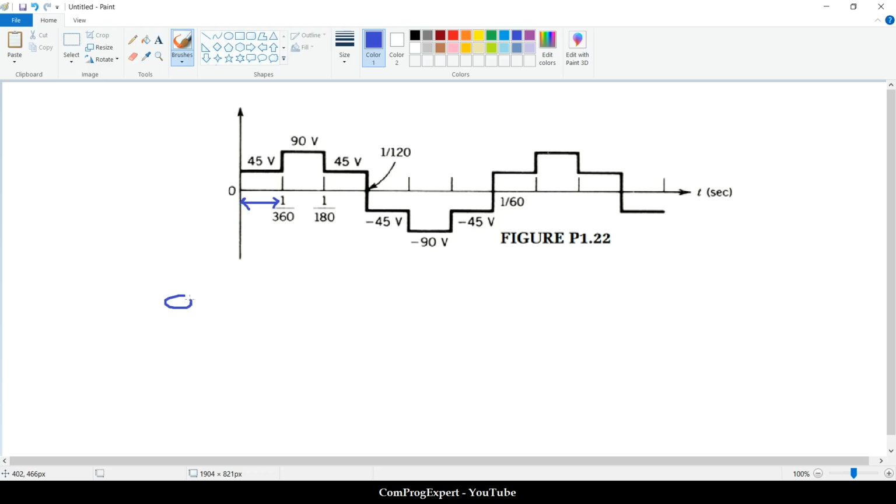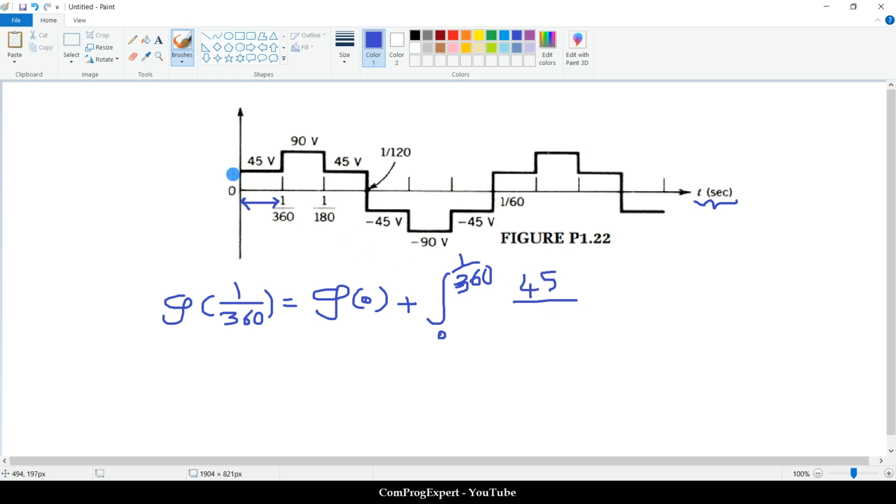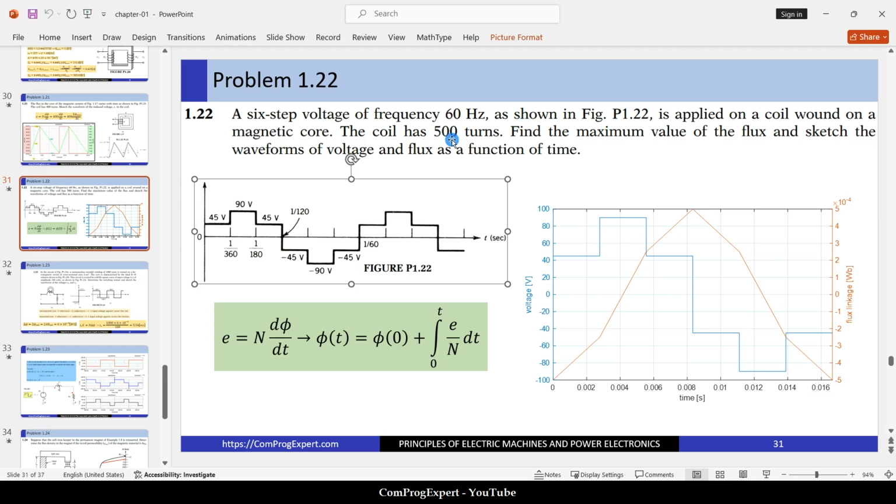So phi at time 1 divided by 360 is equal to phi 0 plus the integral from 0 to 1 divided by 360 of E, which is equal to 45, divided by the number of turns, N equal to 500 turns, dt.